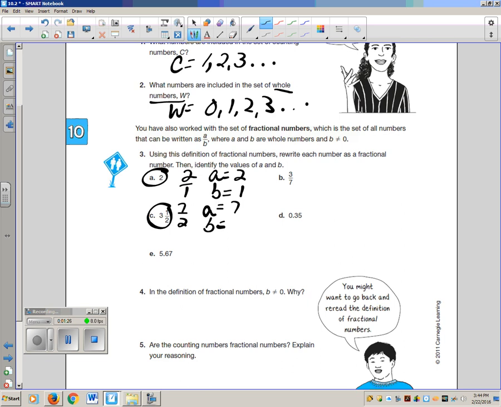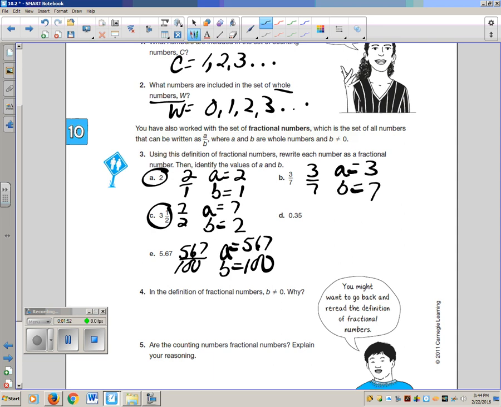B is 2. 567 hundredths. A is 567. B is 100. 3/7. Here's my fraction. A is 3. B is 7.